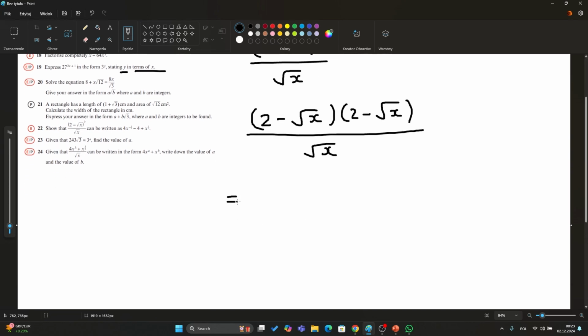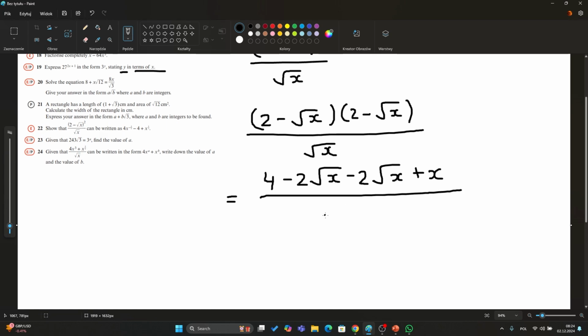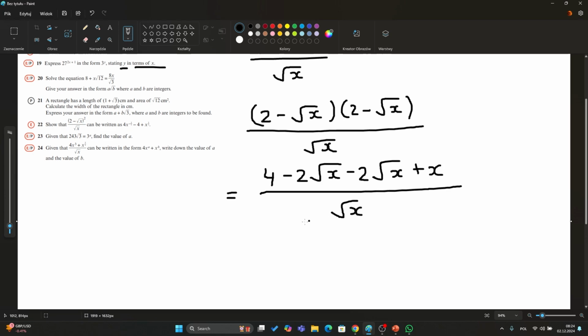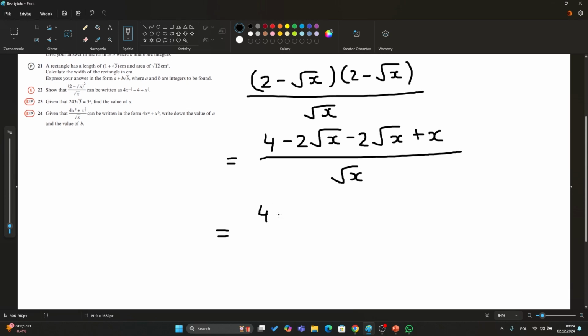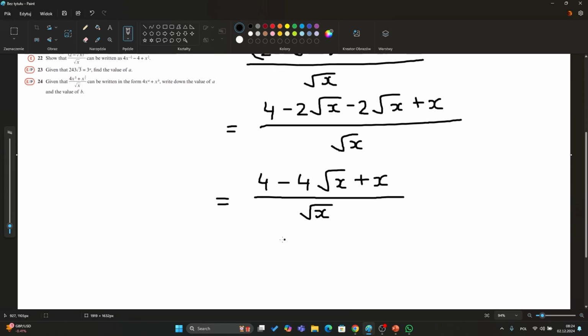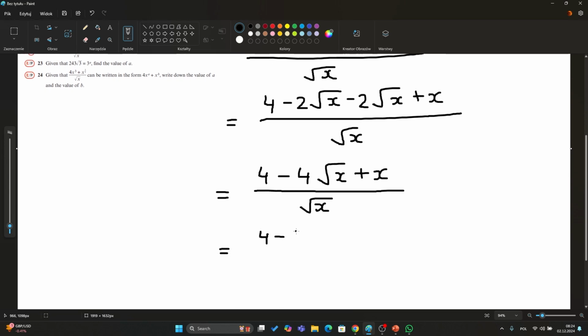We multiply the top to be 4 minus 2 square root of x minus 2 square root of x plus x over square root of x, and 4 minus 4 square root of x plus x over square root of x, and 4 minus 4x to the power of a half plus x divided by x to the power of a half.